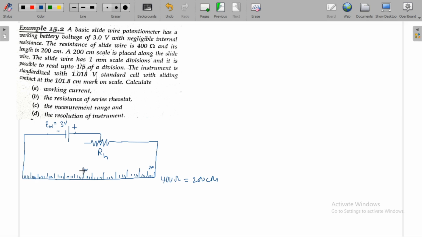Let this be 100, let this be 50 centimeters. This will be unknown EMF, and this will be standard cell EMF of 1.018 volts, and you're going to have galvanometer and sliding contact.